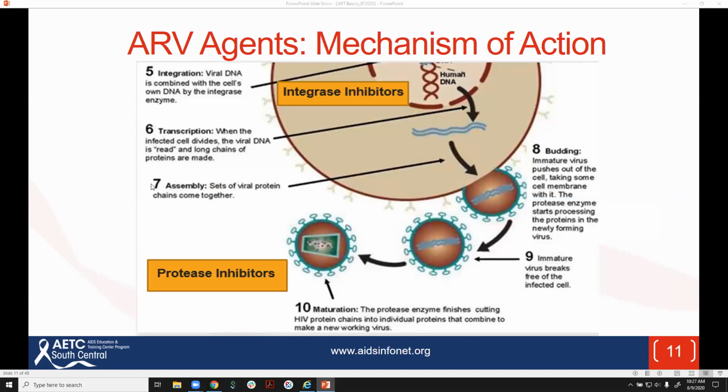So let's get back to our life cycle here. And so if we go back after the receptor attachment, membrane fusion, and reverse transcription from the HIV RNA to the DNA, HIV has two other enzymes that then come into play. And the enzymes are integrase and protease.